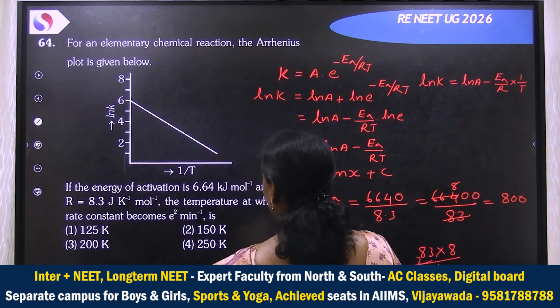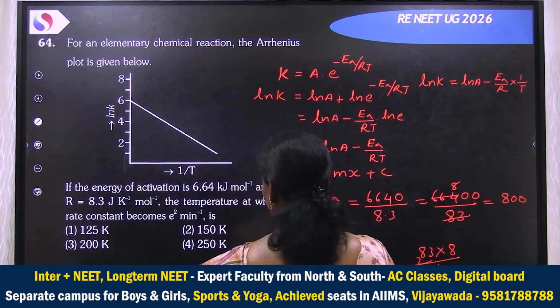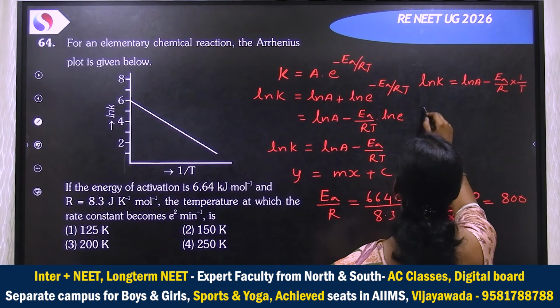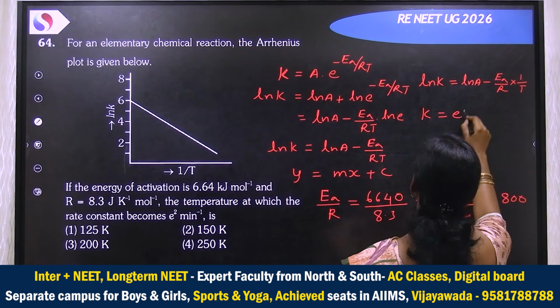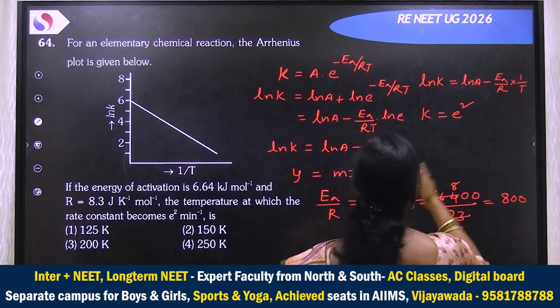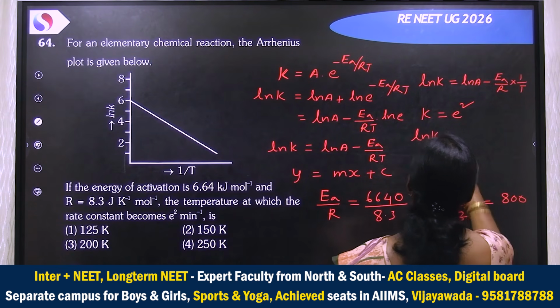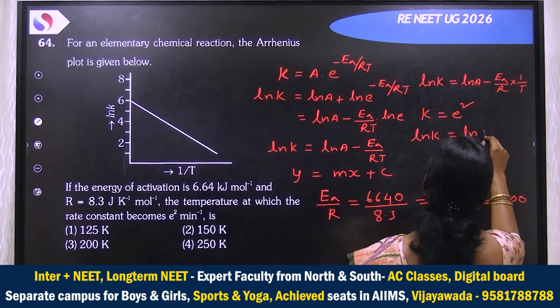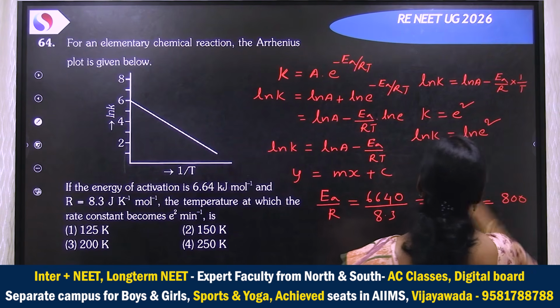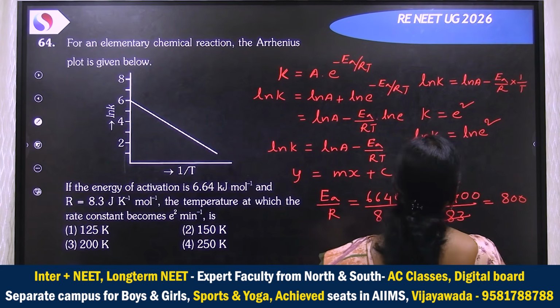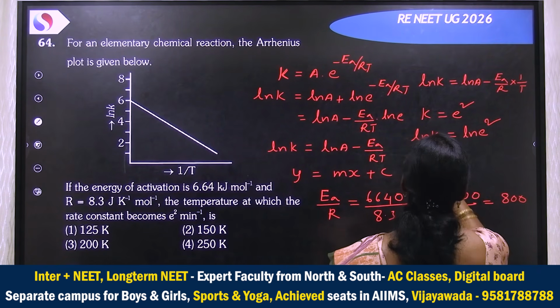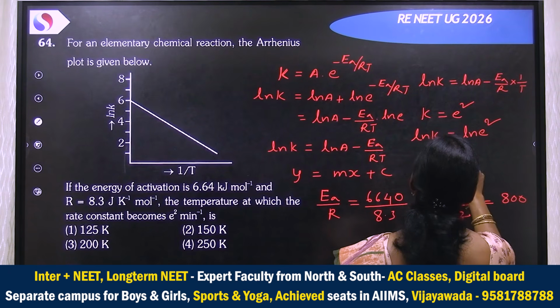The k value is given as e square. K equals e power 2. Then ln k equals ln e power 2, so the ln k value becomes 2.